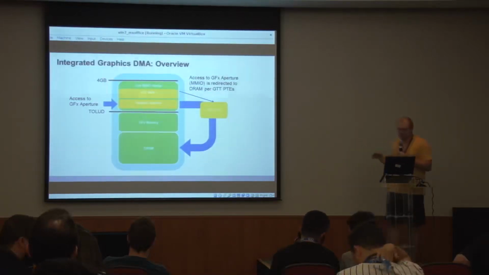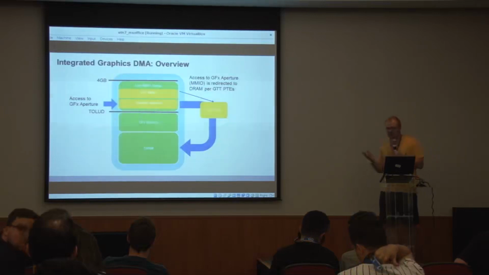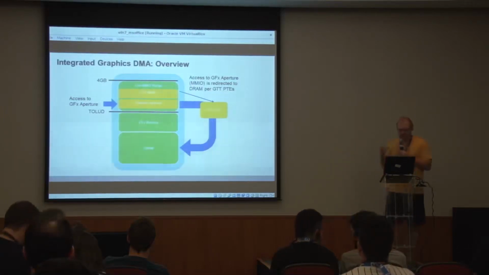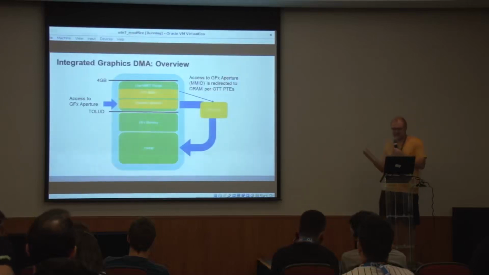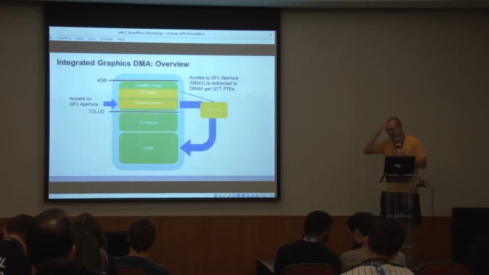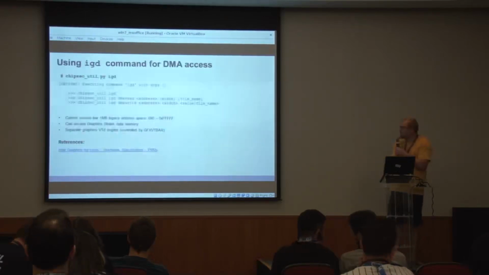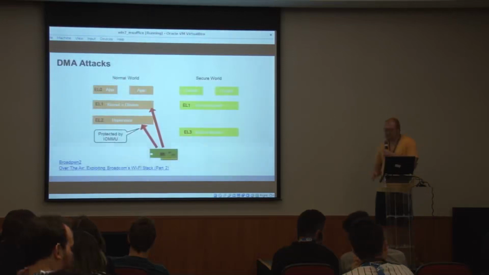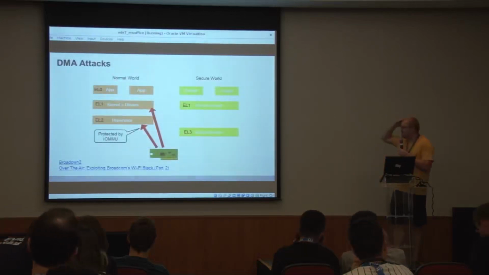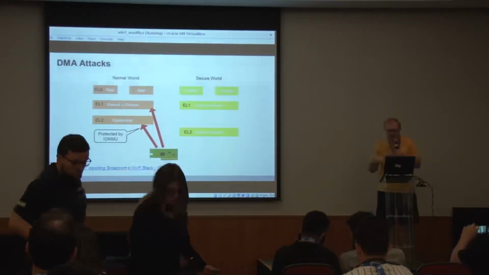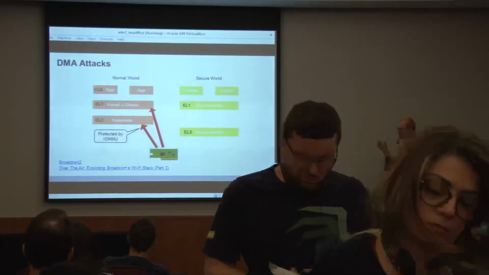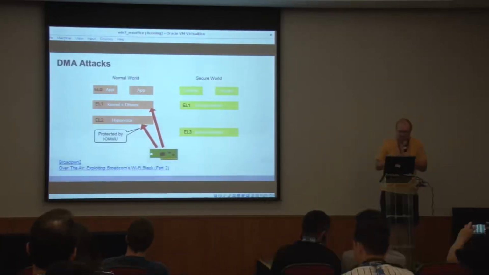One of them is if you want to use the DMA attack without any external device, there is also an integrated graphic device which has DMA capability. So if you build the attack and you need DMA capability, you can just use the graphic DMA to run it. For ARM, it's basically completely the same, but I didn't find any integrated DMA capability. So if you want to run a DMA attack, you need to have an external device.